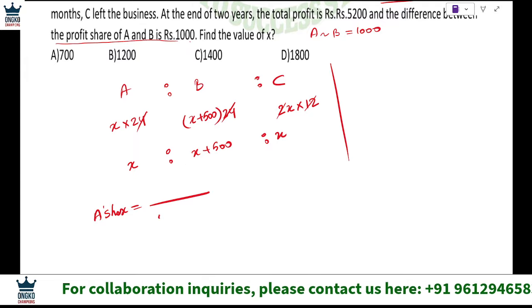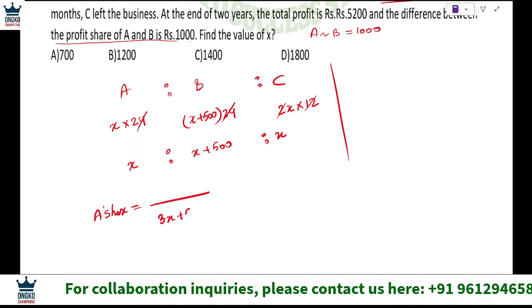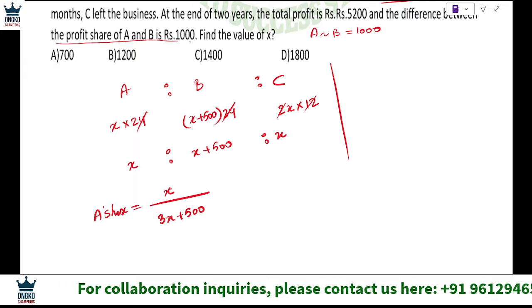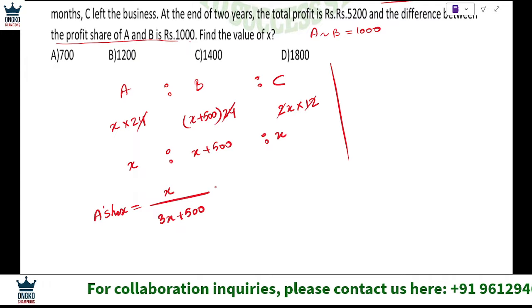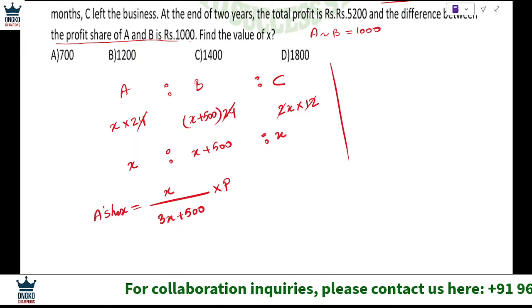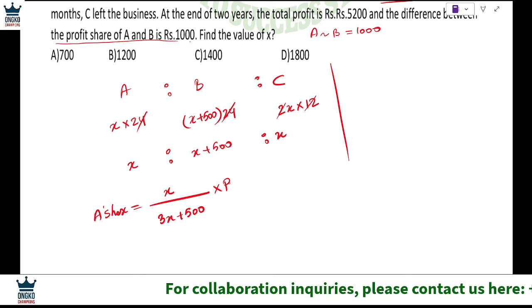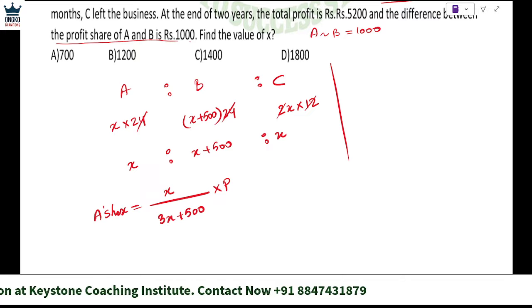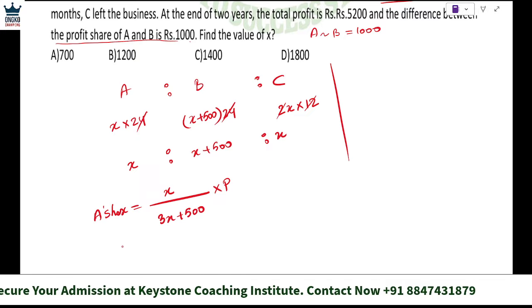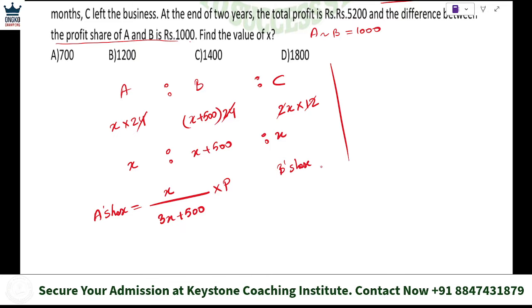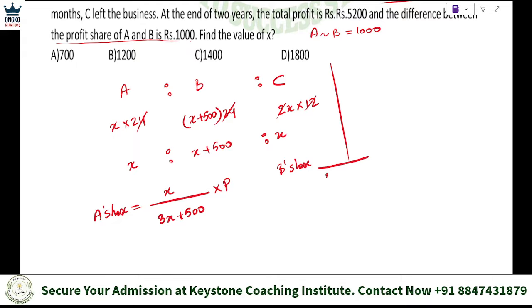So here 3x plus 500, and A's share is what? X. Right, let's say total profit is B. We know the value is what? 5200, but we're just keeping it that way. Right, now B's share will be the same total here, 3x plus 500.